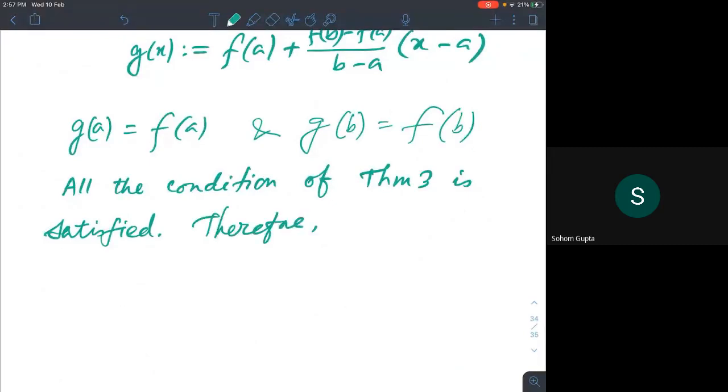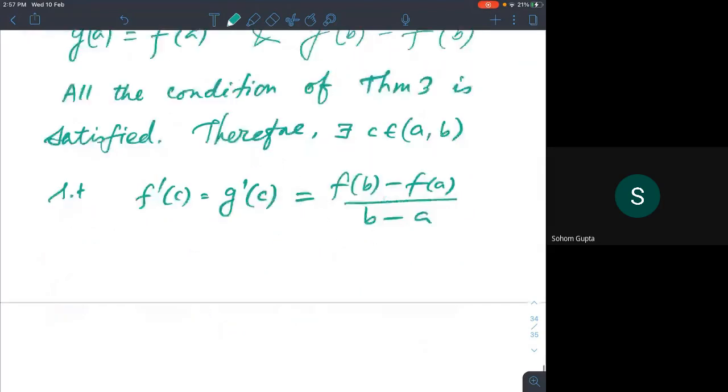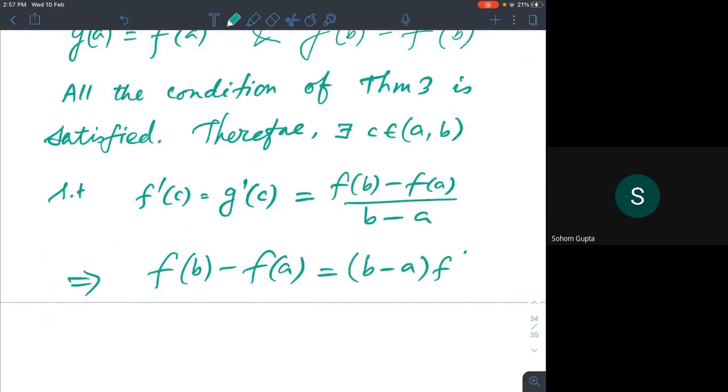Therefore, there exists a point C in the open interval (A, B) such that f prime c is equal to g prime c. But what is g prime c? G prime c is (f(b) minus f(a)) by (b minus a). Therefore, f(b) minus f(a) equal to (b minus a) times f prime c.